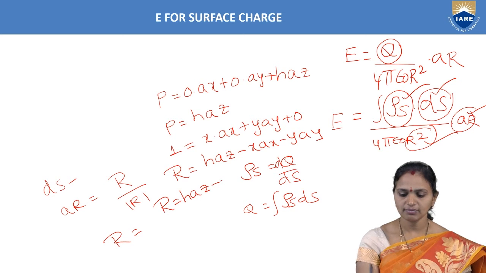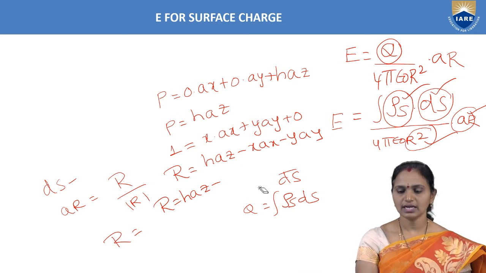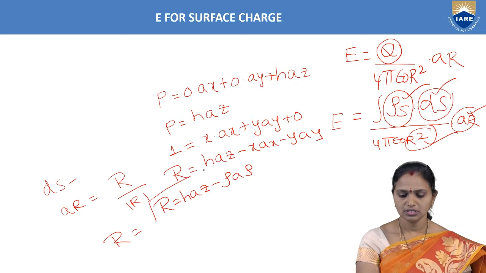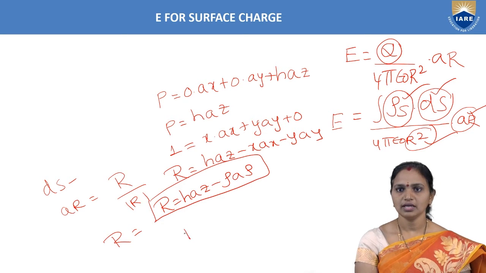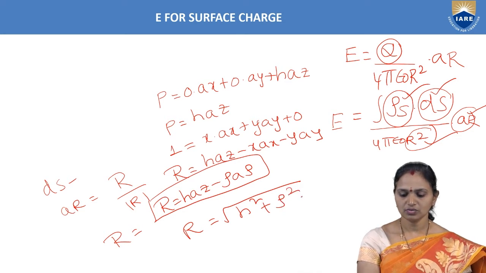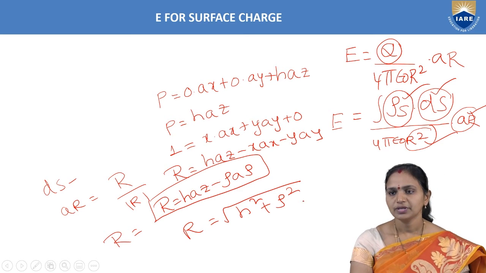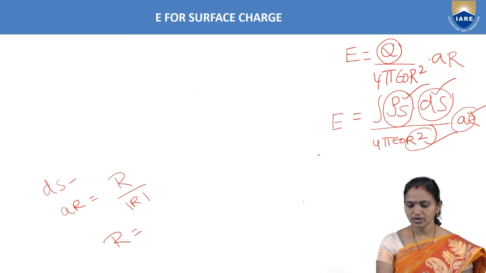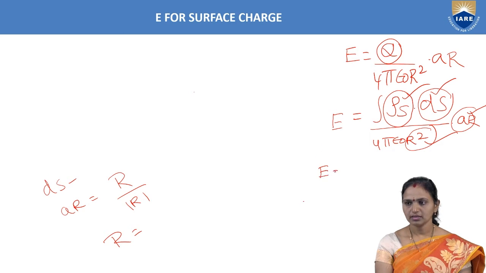We can write x ax plus y ay as rho a rho. This is the displacement vector, and its magnitude is the square root of h square plus rho square.